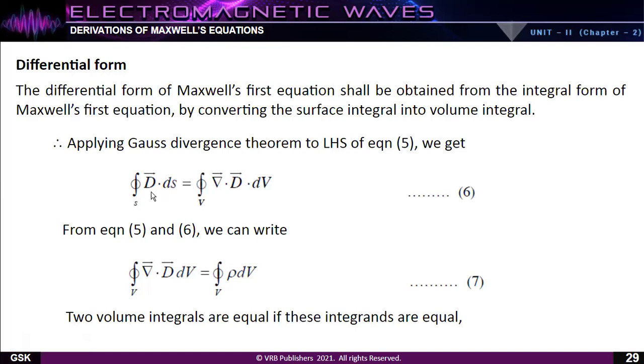The surface integral can be converted into a volume integral when the normal vector D is converted into the divergence of the vector, that is, del dot D dV. From equations 5 and 6, we can replace D dot ds by the volume integral of del dot D dV.